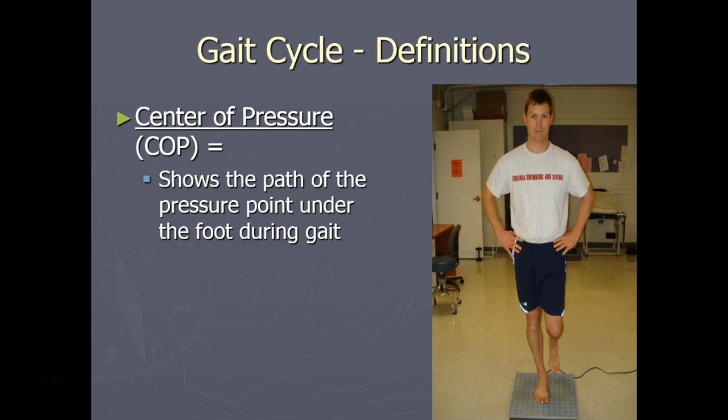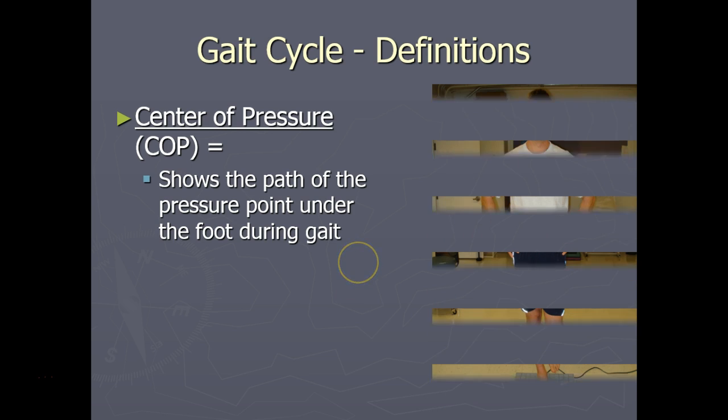Patients who have a smaller center of pressure have a better ability to maintain or keep their center of gravity centered. Those that have larger centers of pressure tend to have the inability to keep their center of gravity centered, which means they might be more apt to injury because they can't control where gravity is moving.